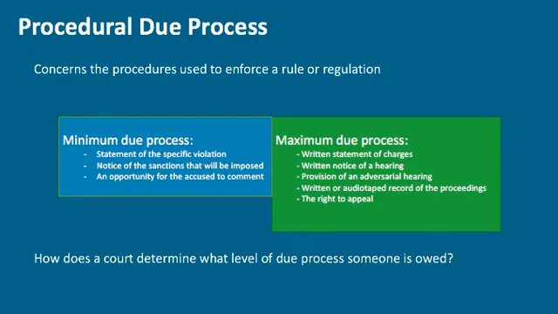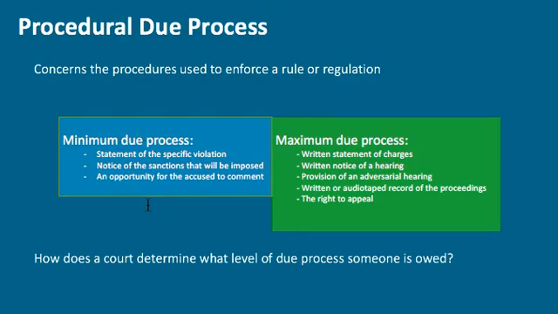So you can see here that there are essentially some basic things we can do as state actors. So giving someone a statement of exactly what they did wrong, right? That would be just bare minimum, something we could do. If we've enforced some kind of punishment, say we've kicked a participant out of a program for 3 weeks, we could provide them a written letter that explains what is actually being done.